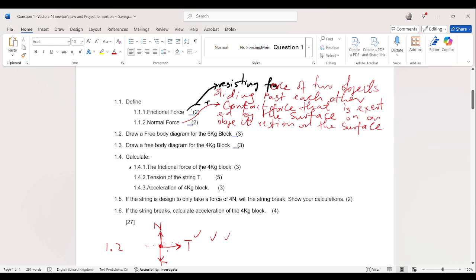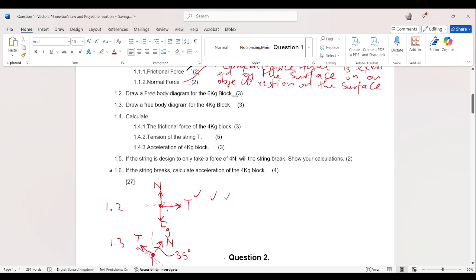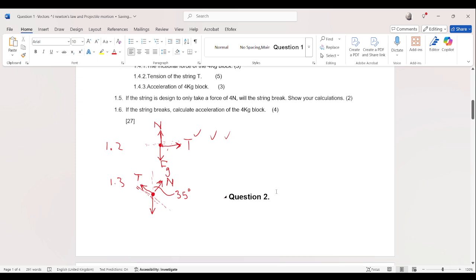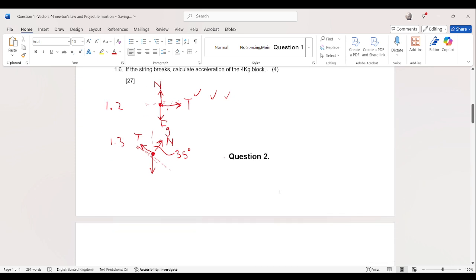Calculate the frictional force of the 4 kilogram. In order for us to calculate these frictional forces, we have to use Newton's law of motion.